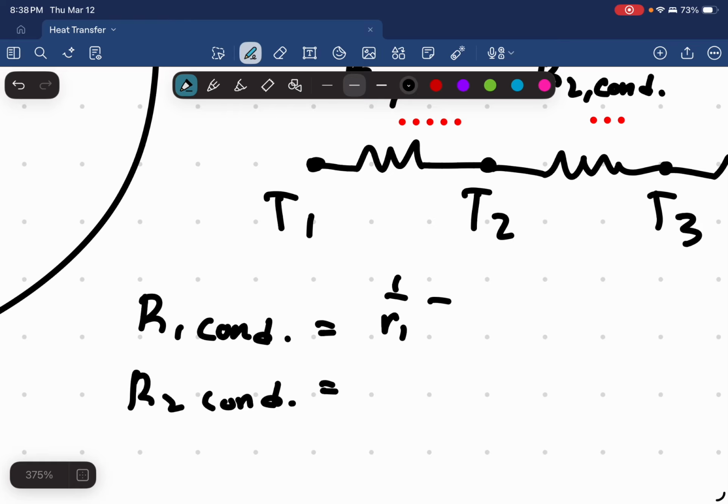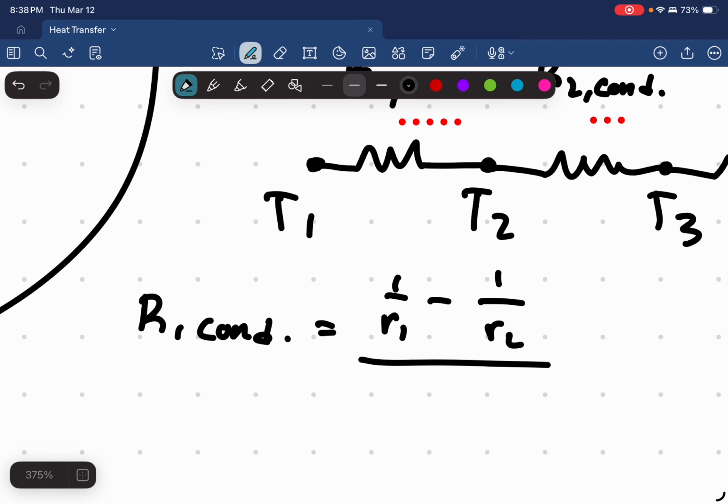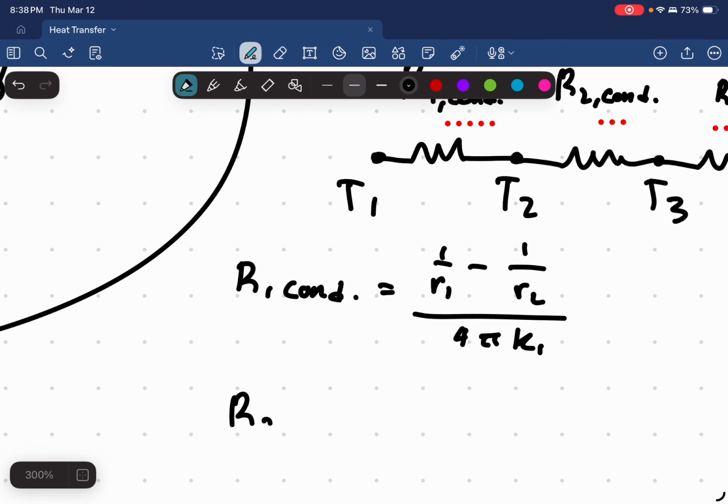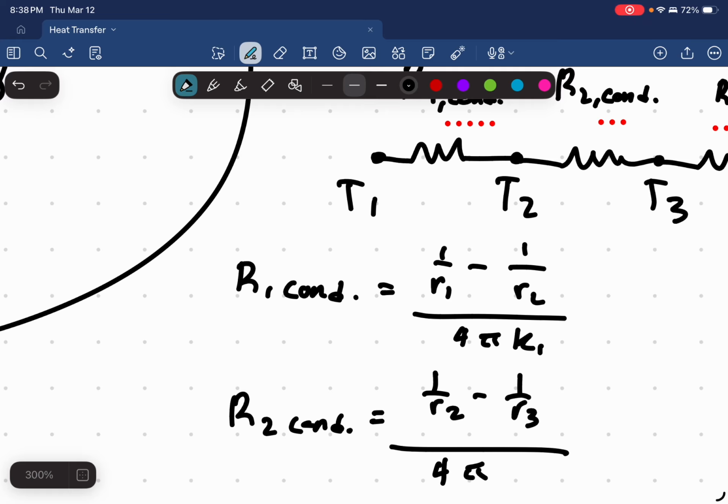So this is the equation for thermal resistance for conduction for a spherical coordinate system. Could probably move that. And then for the second one, okay.